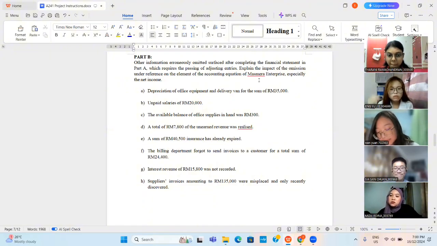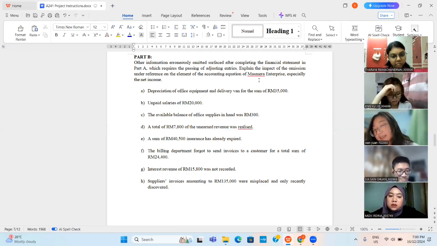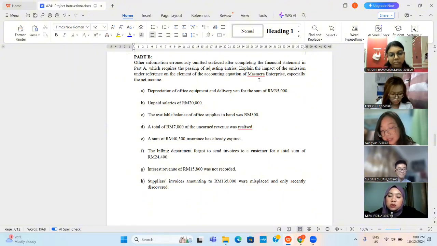For the net income impact, it is decreased by RM 2,000 as the unpaid salaries are expensed, and the asset is not changed. And for question C, the available balance of office supplies in hand was RM 300.